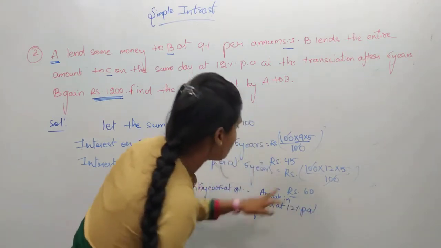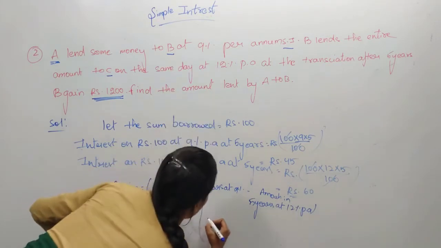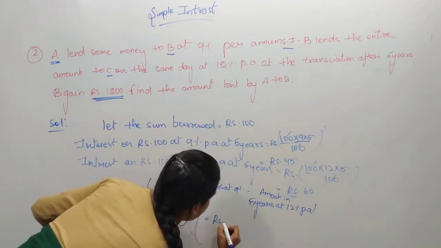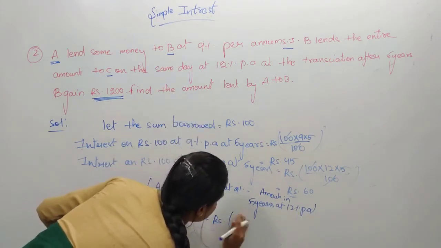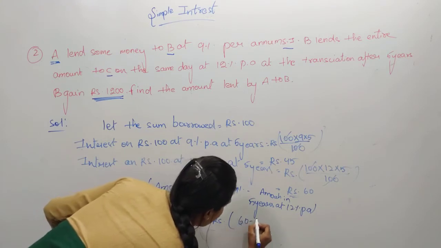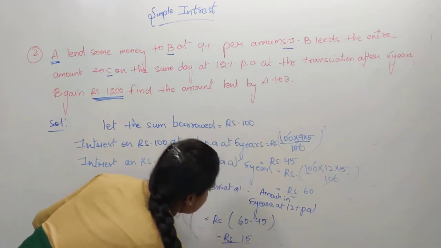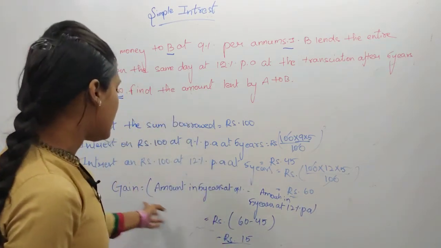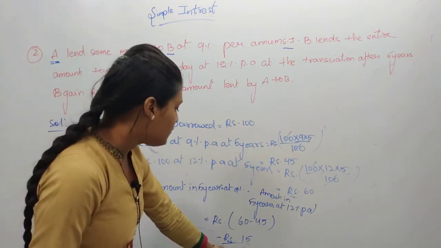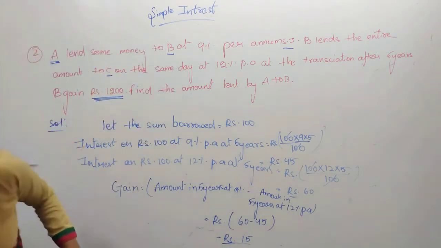What answer did we get? Rupees 45 and rupees 60. By subtracting, rupees 60 minus rupees 45, how much do we get? Rupees 15. This is the gain. Now what do we have to do?